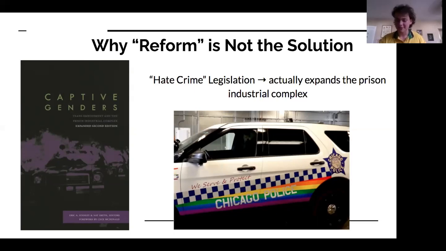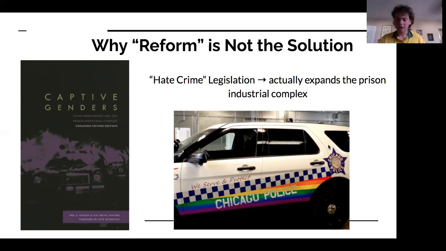And another example, which is one we kind of talked about earlier, is putting rainbows on cop cars and having police departments walk in pride parades. And again, this not only completely overlooks the history of police violence against LGBTQ people, particularly low-income Black and brown trans women, but it also, again, does virtually nothing to actually advance LGBTQ rights and causes.